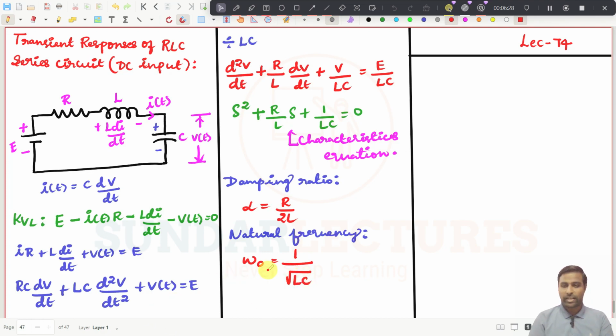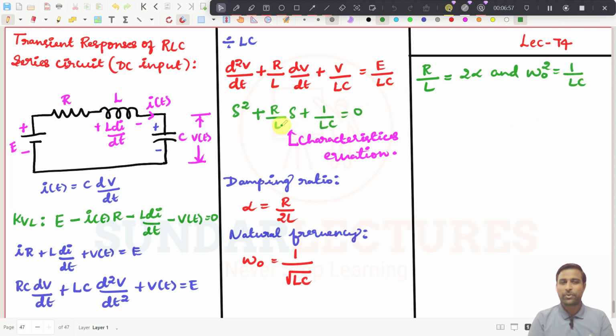From these two expressions, I can easily write the value of R divided by L. It will be 2 alpha. And what is the value of 1 divided by LC? Omega naught square can be written as 1 divided by LC. You just square both terms and you will get this value.